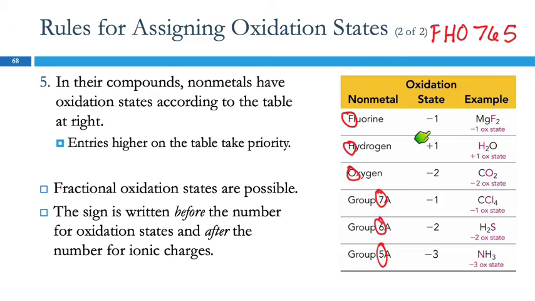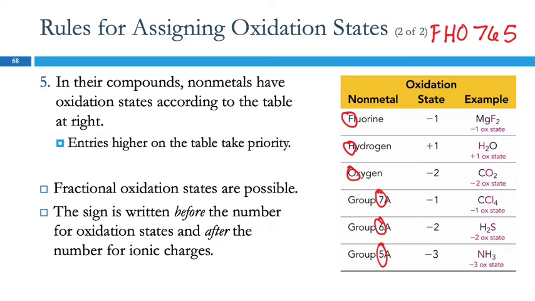The oxidation state, this is basically the list of who gets to choose oxidation state first in this compound. And it goes in this order, FHO 765. Well, what oxidation state do these elements choose? They choose the oxidation state that would match their ion charge if they were an ion.